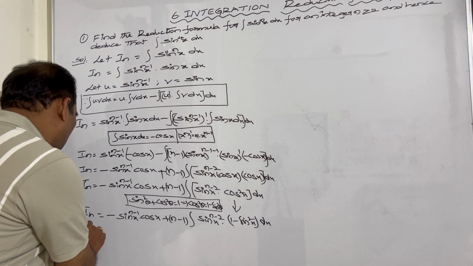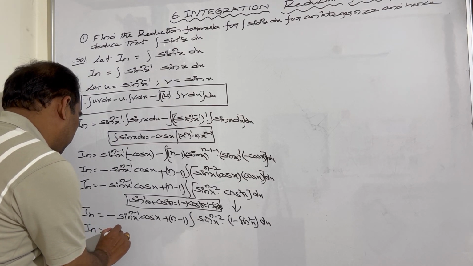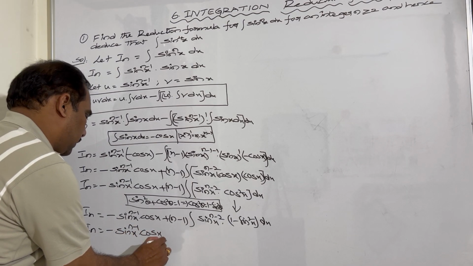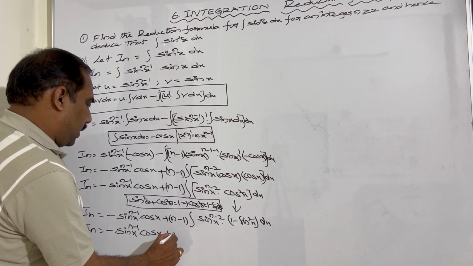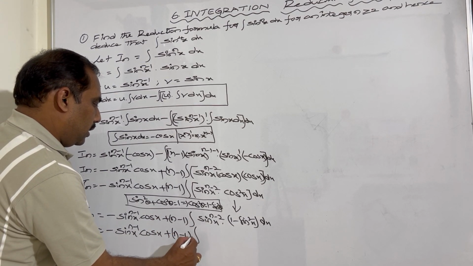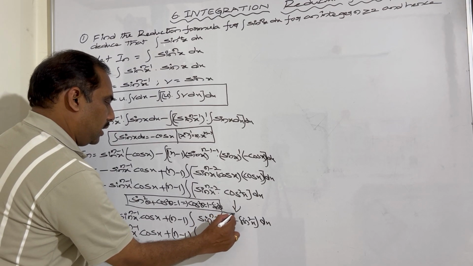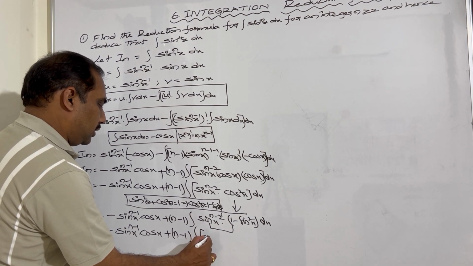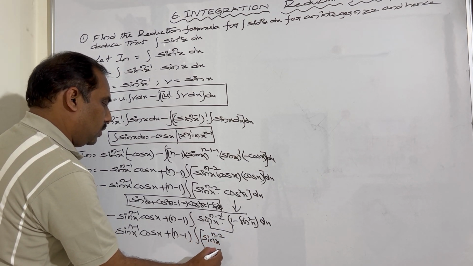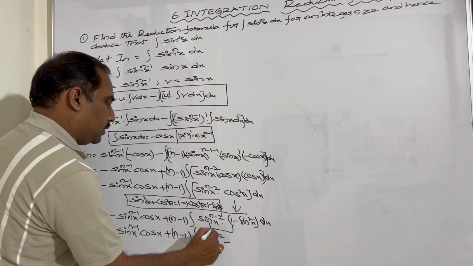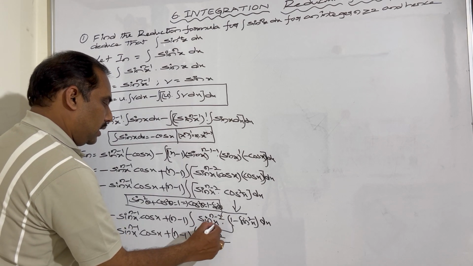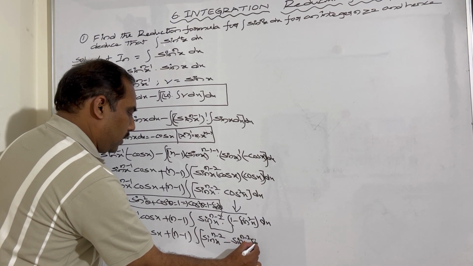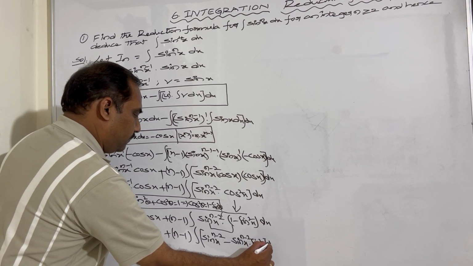So now further, I_n is equal to minus sin x power n minus 1 into cos x plus n minus 1, multiplying these with sin x power n minus 2. So we get the integral of sin x power n minus 2 into 1, that is sin x power n minus 2, and minus sin x power n minus 2 into sin square x dx.